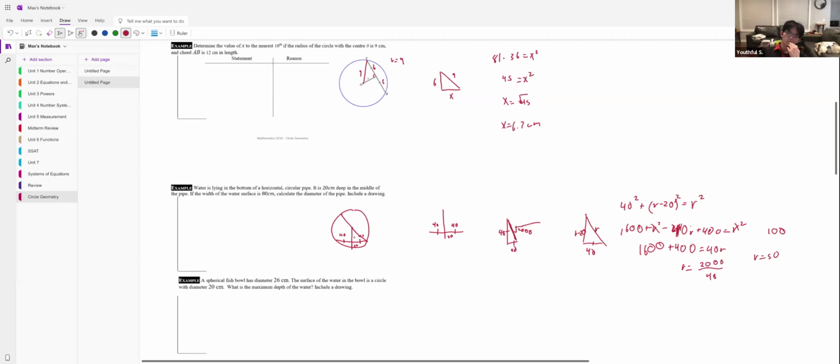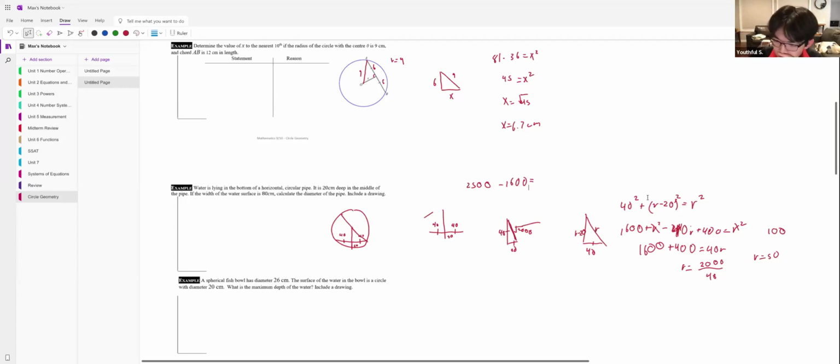That should be right. 50 squared gives you 2500. 2500 subtract 1600 gives you 900, hmm, and 2000 divided by 40 is equal to 50.